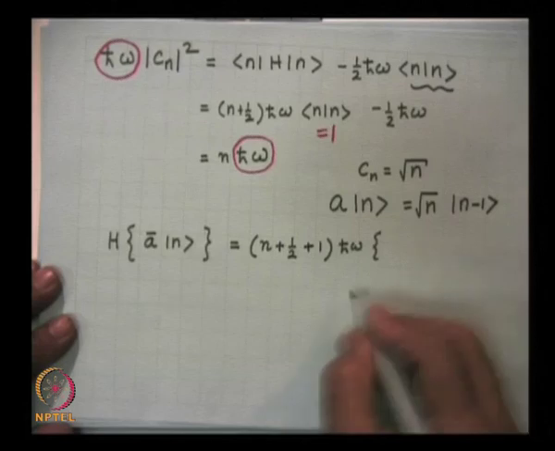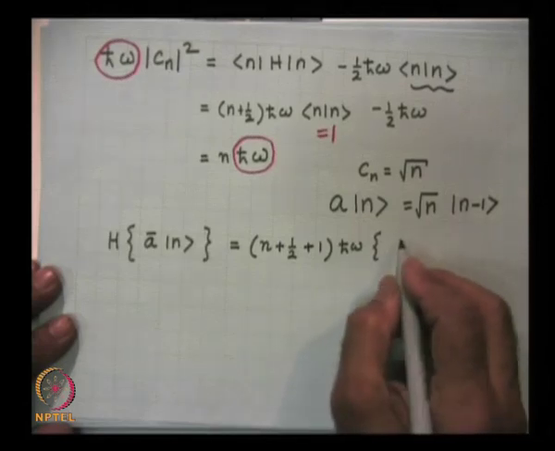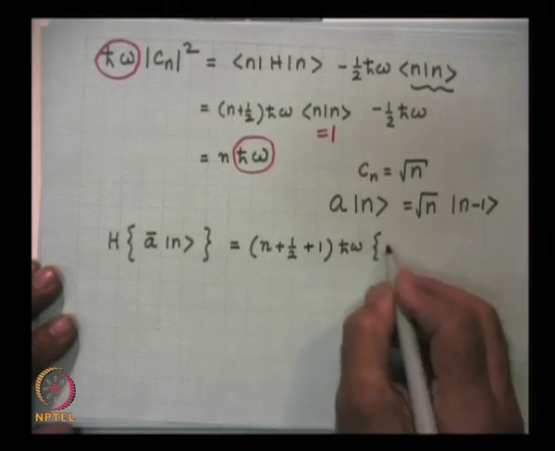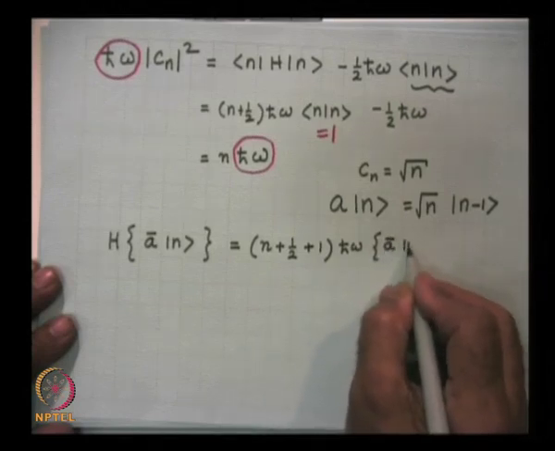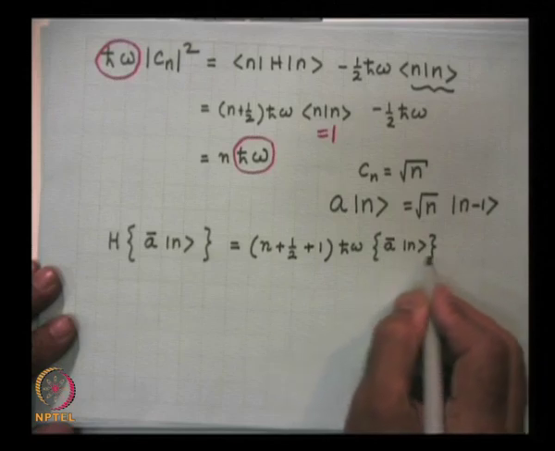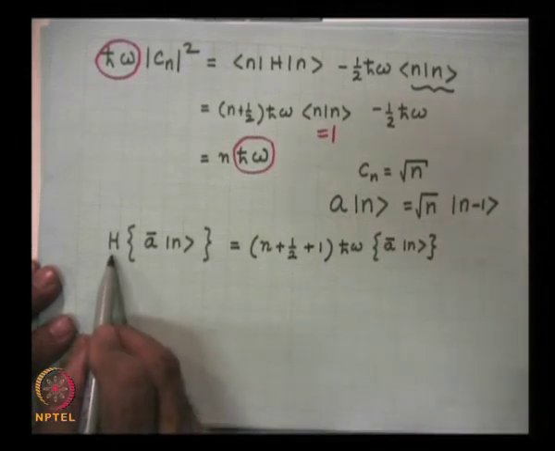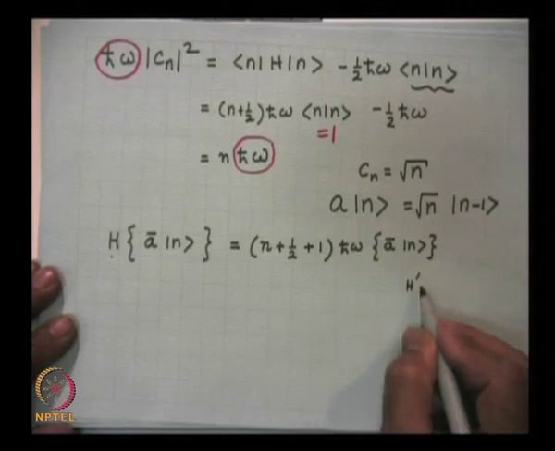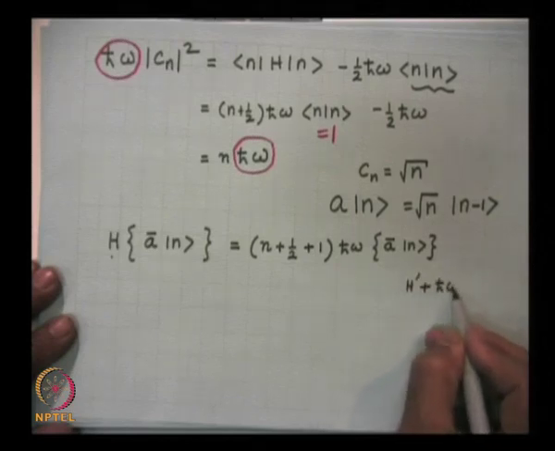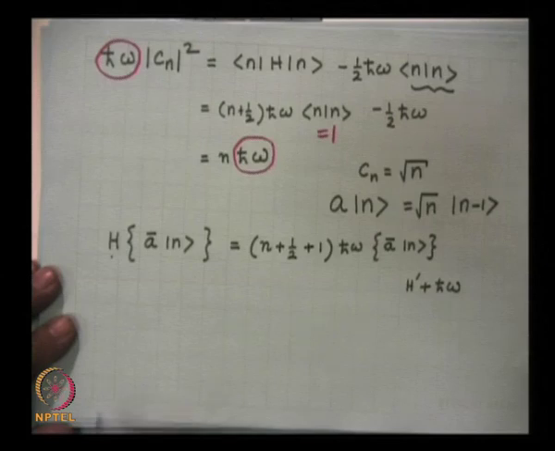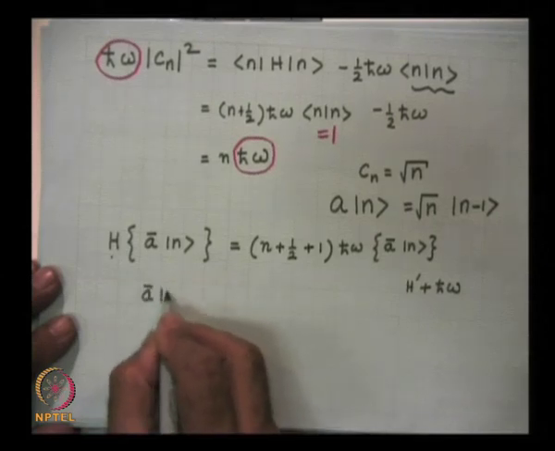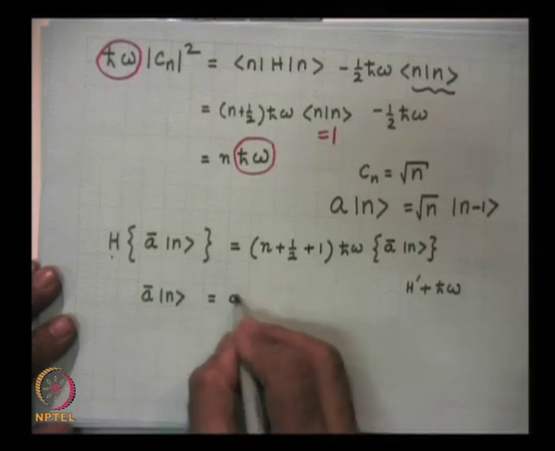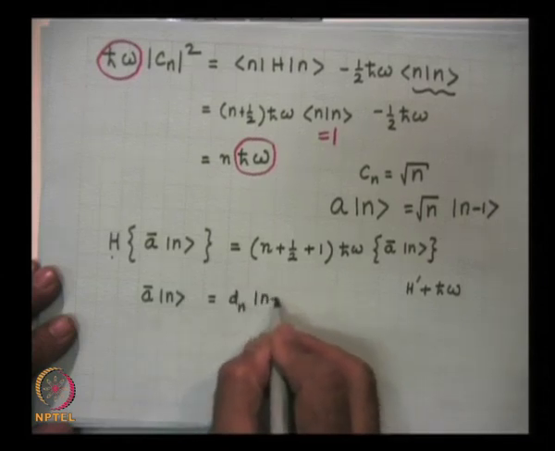So, it is h prime plus h cross omega times a bar ket n. So, a bar ket n is an eigenket of the operator h belonging to the eigenvalue h prime plus h cross omega. Therefore, a bar ket n must be a multiple, let me write down say d n, of ket n plus 1.